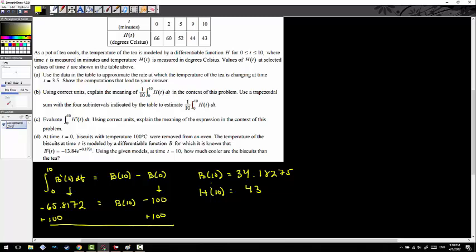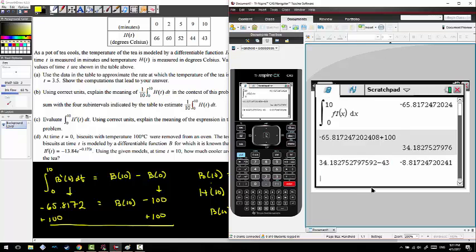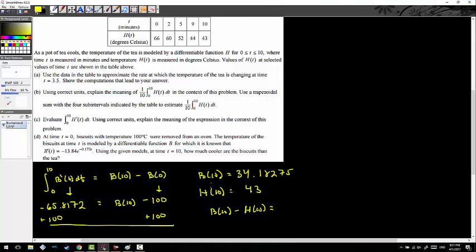Well, it looks like how much cooler are the biscuits than the tea? Well, let's go ahead and just subtract those two. That means that I've got b of 10 minus h of 10. Okay, so I'm going to take that number and subtract 43 from it. And I get negative 8.817.